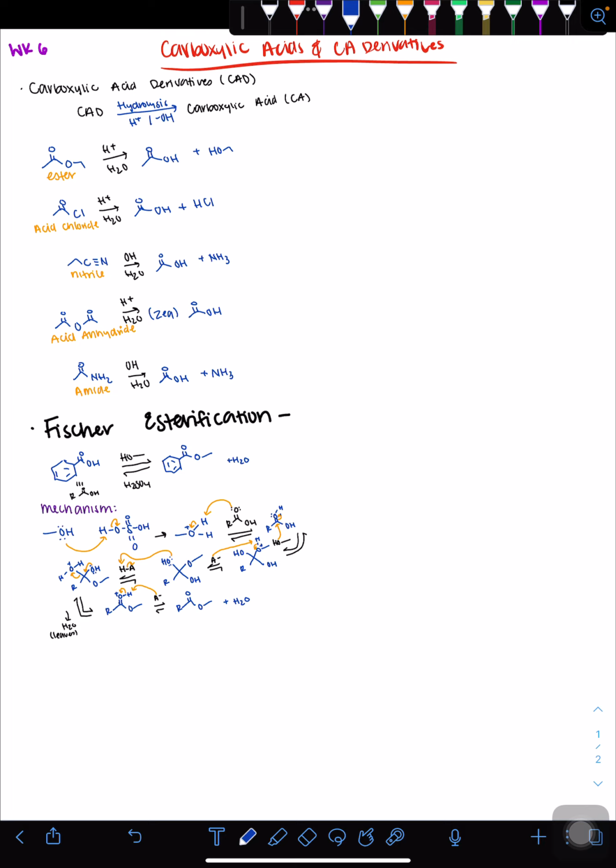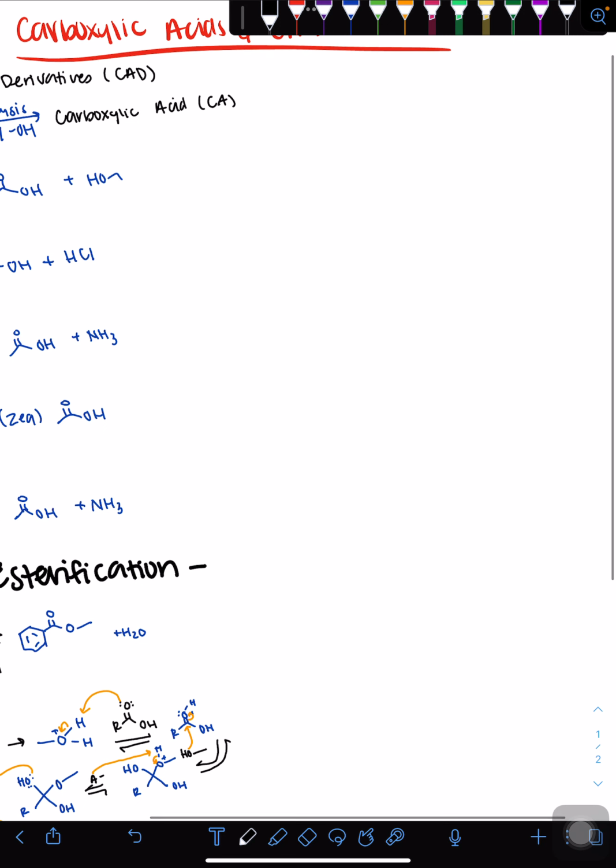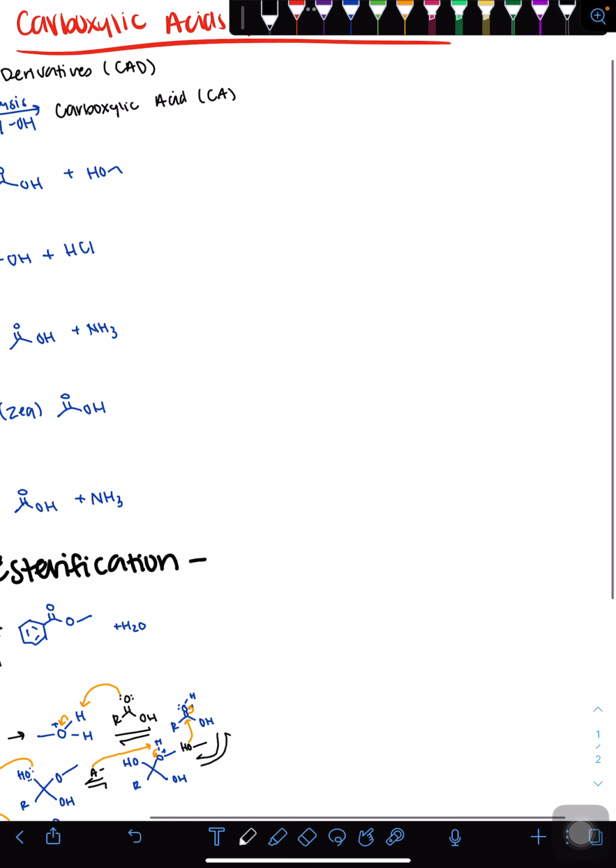And then we can do a small reaction wheel as well. It's not a big one.